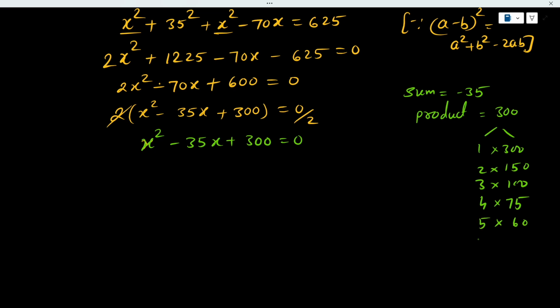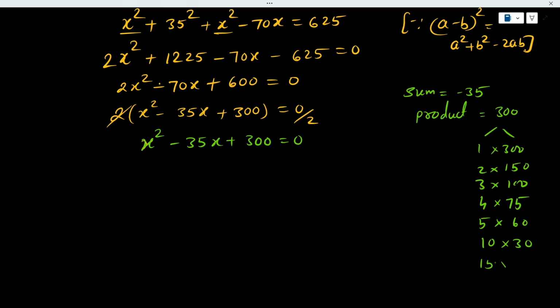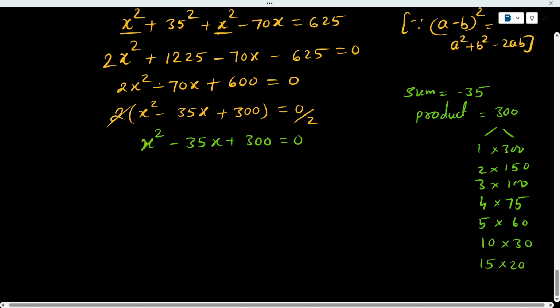I need the bigger values, so I'm skipping some: 10 times 30, then 15 times 20 is 300, right? So now you know that 15 and 20 sum to 35, but I need negative 35. I can take both negative, and the product is positive.